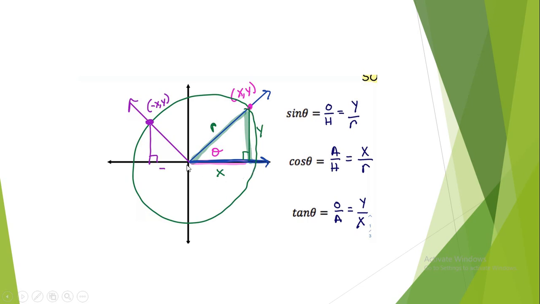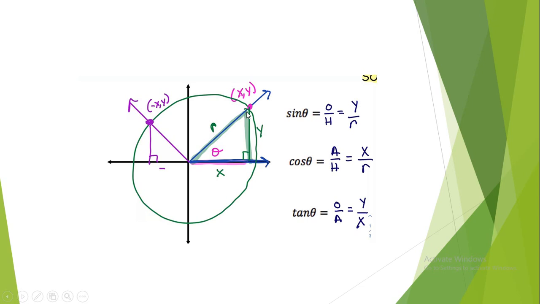If this is a circle, this is the center. The distance from the center to any point on the circumference is the radius, and that's why we represent it by r.